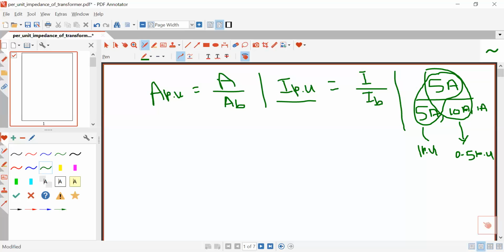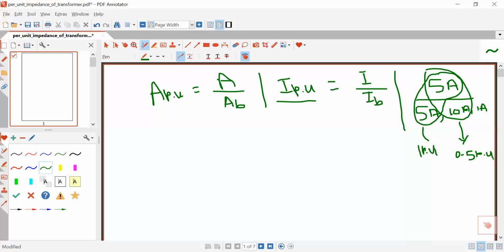So there is no issue in the selection of the base value. You can consider any value as the base value, provided that its dimension is the same as the actual value, so that your per unit system will be a dimensionless system. You must remember this: your per unit system is a dimensionless system.